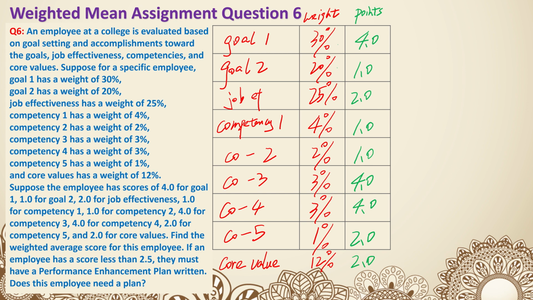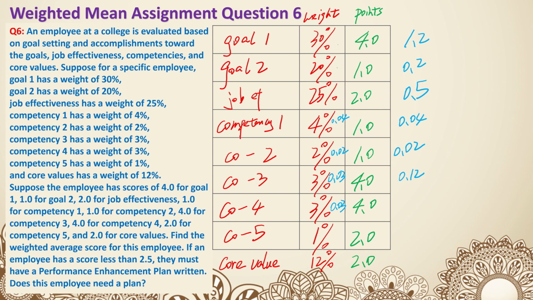So here you go. It's very similar to the categories and grades that we learned in class. We're going to multiply all of these different categories together. 30% times a 4, so that is 0.3 times 4, which is 1.2. 0.2 times 1 is 0.2. 0.25 times 2 is 0.5. 0.04 times 1 is still 0.04. 0.02 times 1 is 0.02. 0.03 times 4 is 0.12.